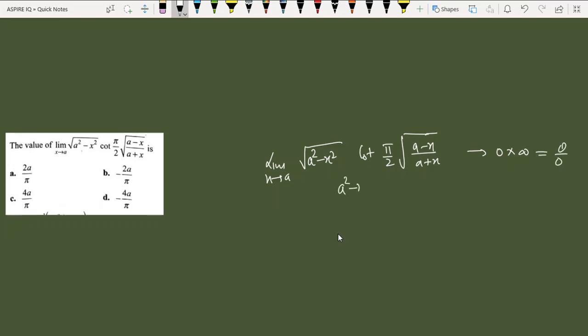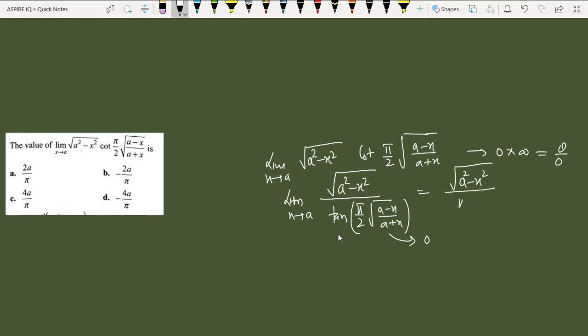So what I did, I just simply made it tan, and this expression for x tends to a tends to 0, so I can eliminate tan from here. I can directly write pi by 2 root a minus x upon a plus x. We have already discussed why I just eliminated this tan.